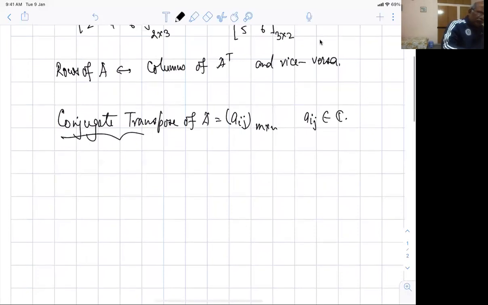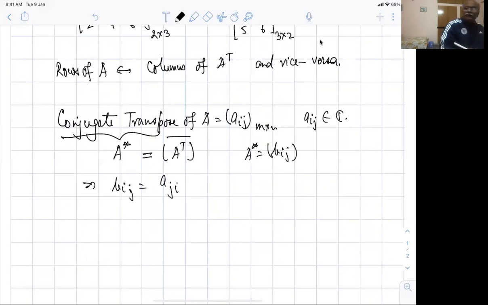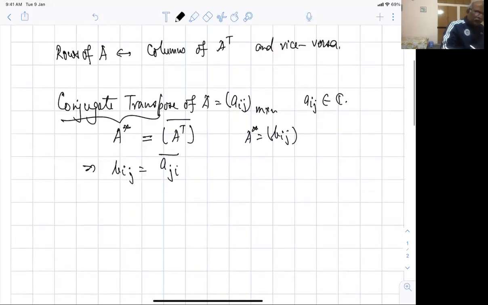The notation for this is A star, the conjugate transpose of A. This is equal to A transpose, and take the bar, the conjugate, of every element. So if I write A star as Bij, then Bij will be equal to the conjugate of Aji. This is for the transpose, and then taking the complex conjugate of that.